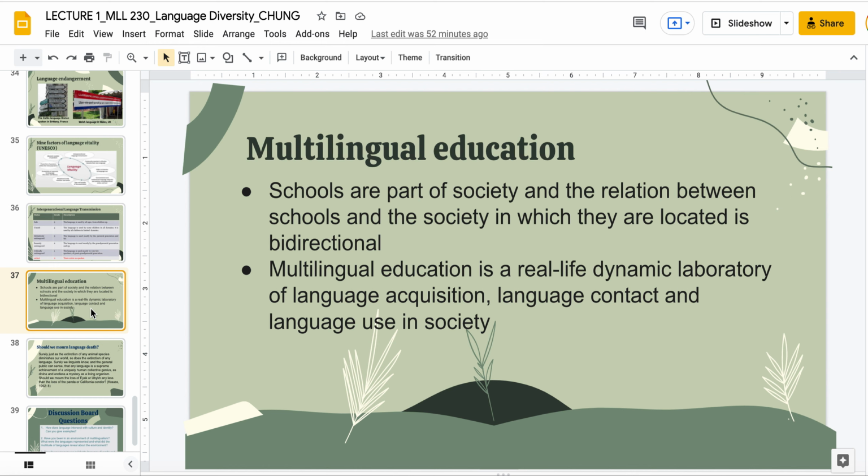You'll see a lot in the news, and maybe you grew up in one of these communities, or maybe you know someone who grew up in a multilingual education, like you went to a Spanish English dual language school or a French immersion school, or you went to a school in which a lot of languages were represented.